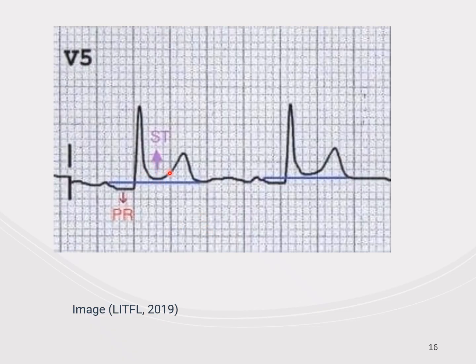It has to be at the bottom, like you see right here. This is the line of reference, so PR depression and then ST segment elevation. This is a hallmark sign for pericarditis.